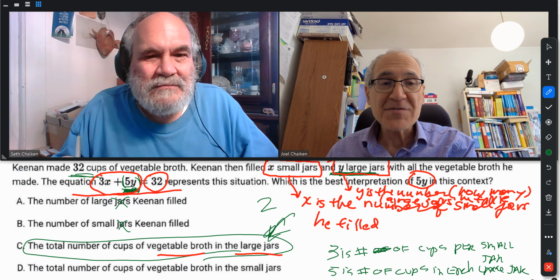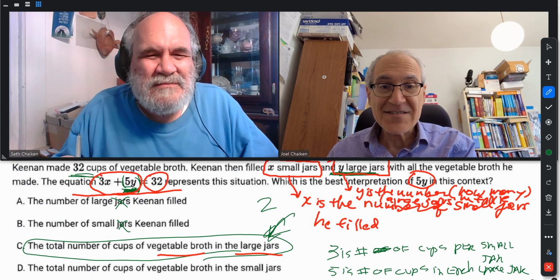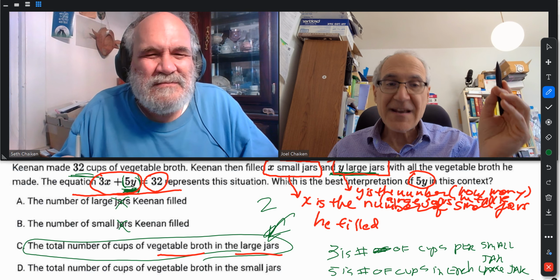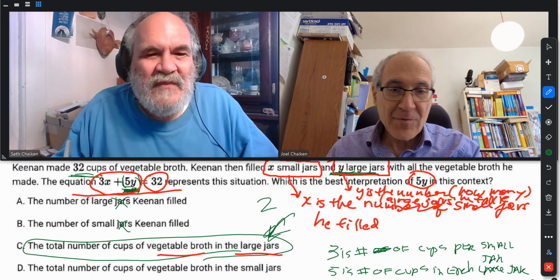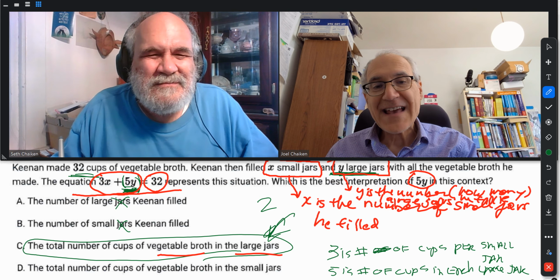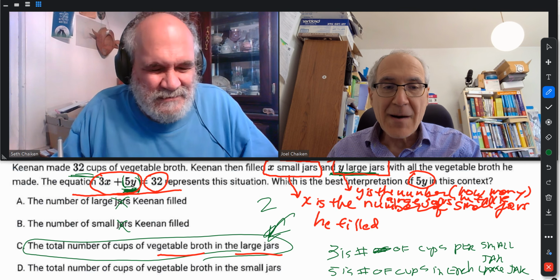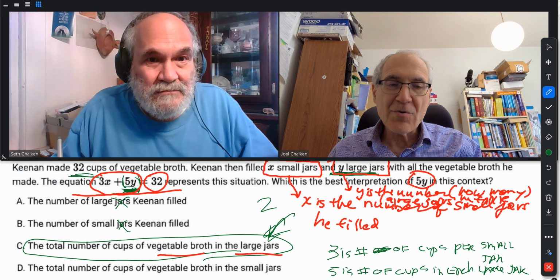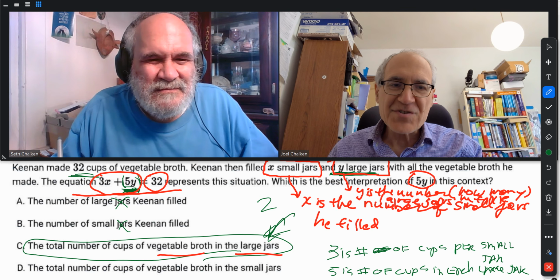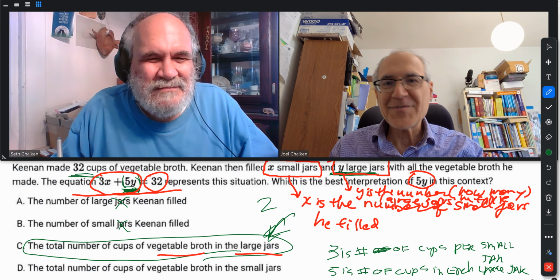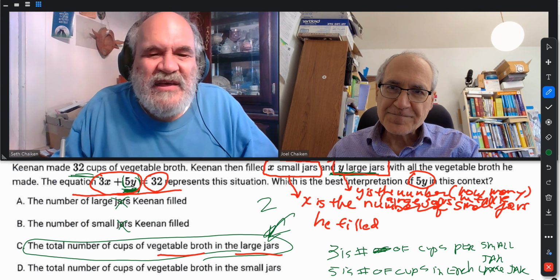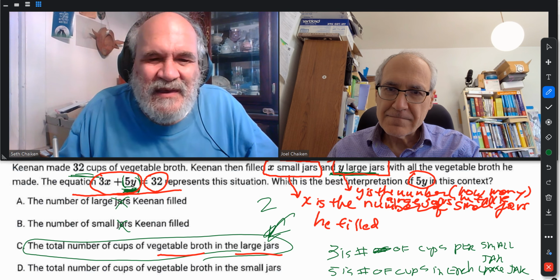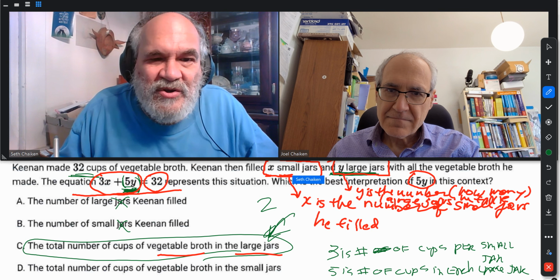Many people will say for the X, small jars. They would say X is X small jars. That would be completely wrong. You would have to say let X be the number of small jars, or let X be the number of small jars he filled. We don't have to be technical about the he filled. They did write X small jars.